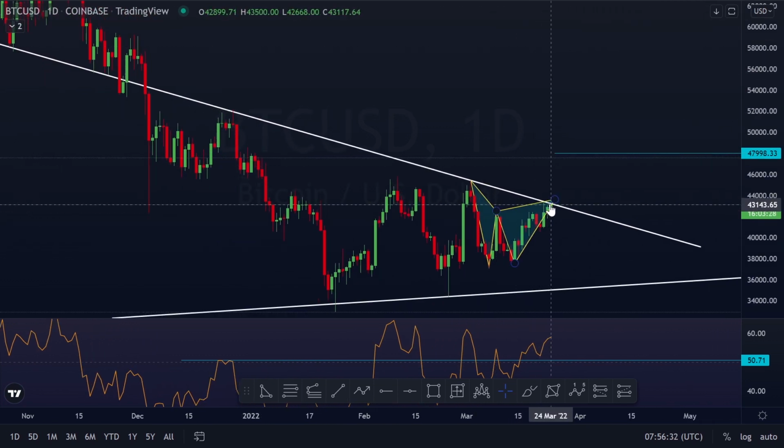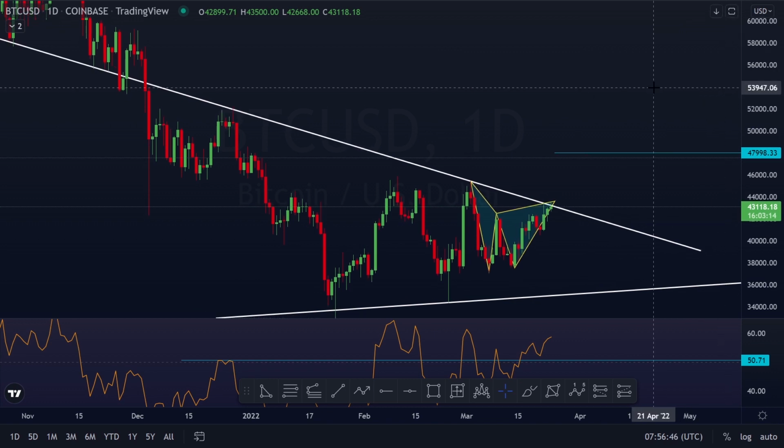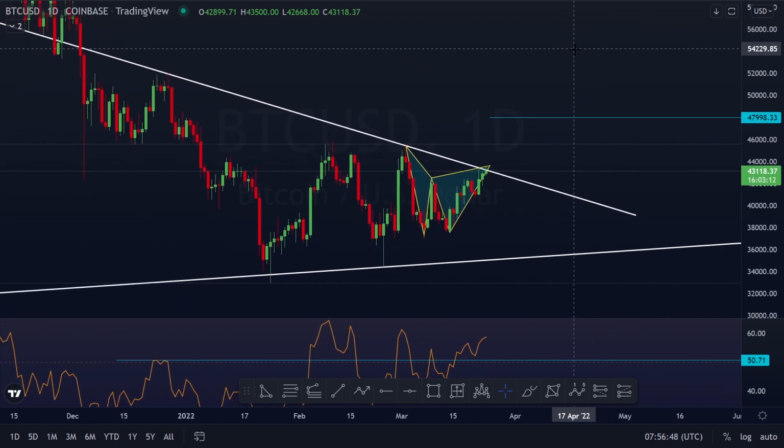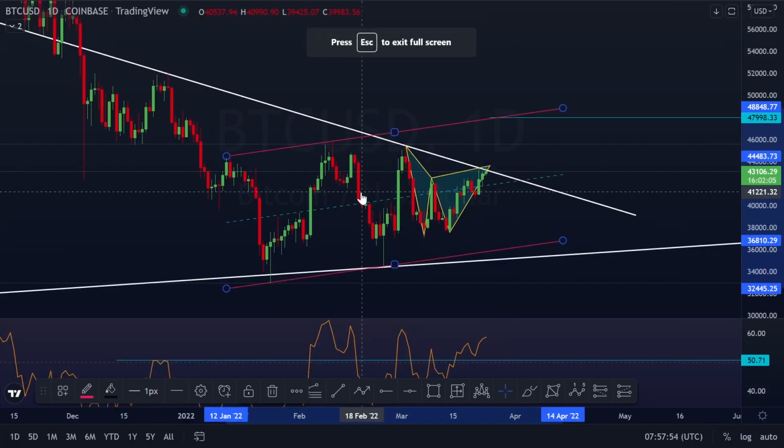So if we get a break of this level, we can probably see a pump to this other harmonic pattern, which is going to be, I think, the max that I think Bitcoin can go before the continuation of this downtrend. So why do I think that would be the max? You can see this channel right here.